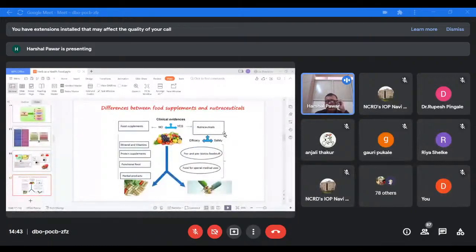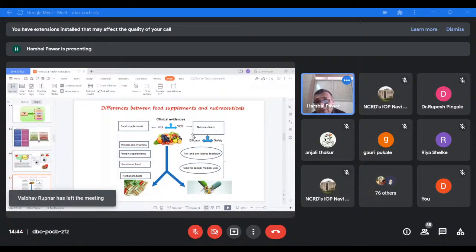So here you can see one clear-cut differentiating point between the food supplements and nutraceuticals, right? If clinical evidences are there that a particular phytoconstituent or component of food is clinically useful or therapeutically useful, right? Then those components you can use as a part of nutraceuticals.